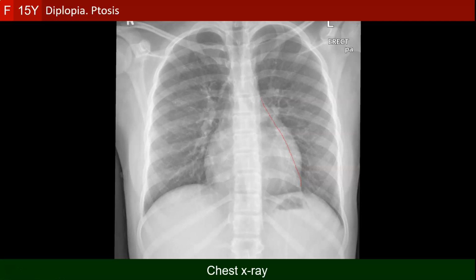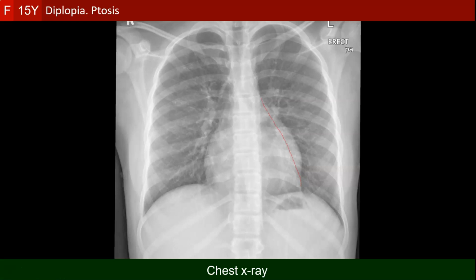Serological assessment of the possibility of myasthenia gravis was done and proved to be positive. So there have been antibodies specific for myasthenia gravis. This suggests, of course, that we may be dealing with a thymic abnormality.